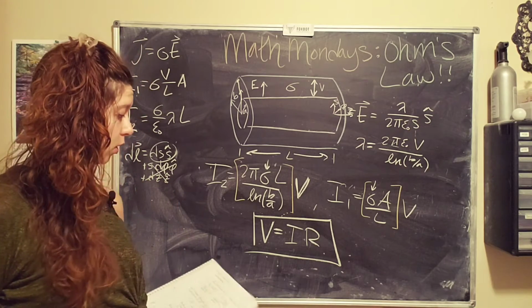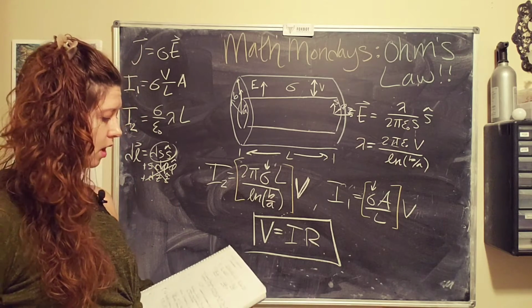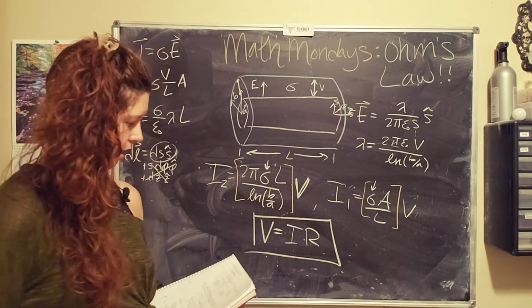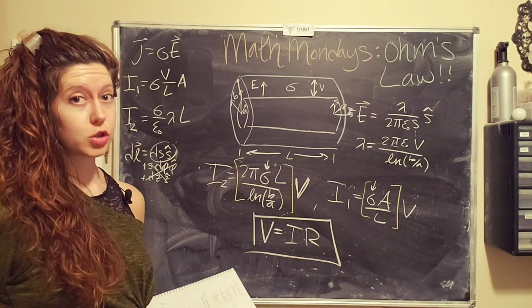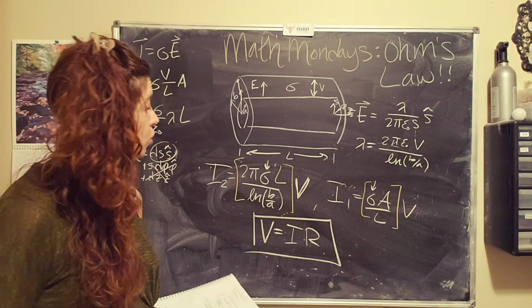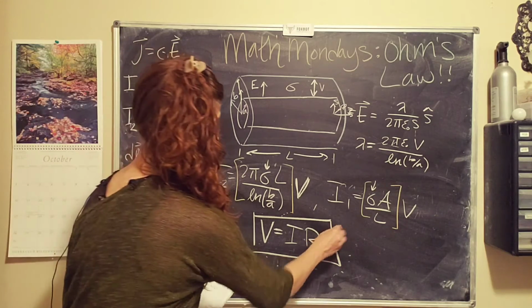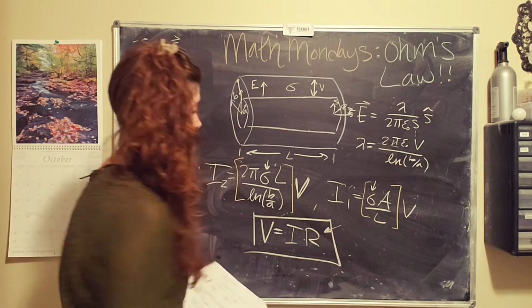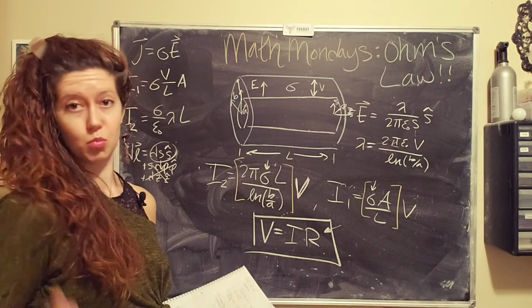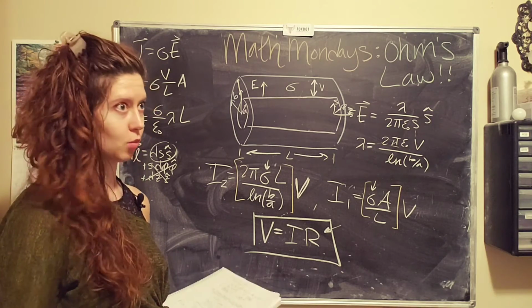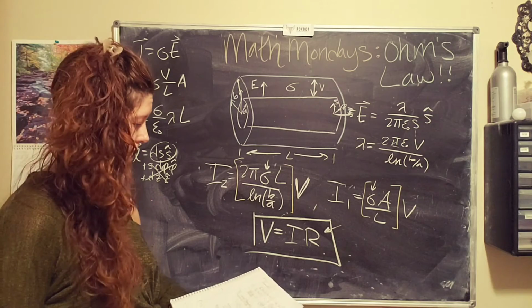This is really cool because this tells us that the total current flowing from one electrode to the other is proportional to the potential difference between them, and it's proportional depending on the resistance between where the charges started from and where they're ending.